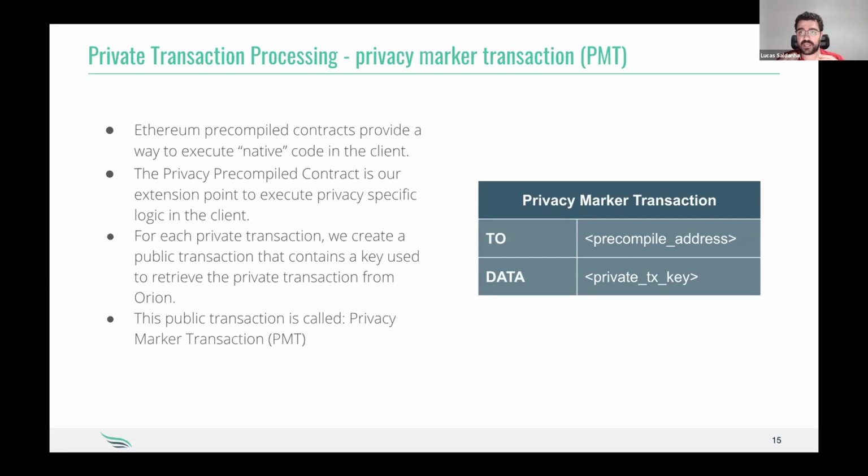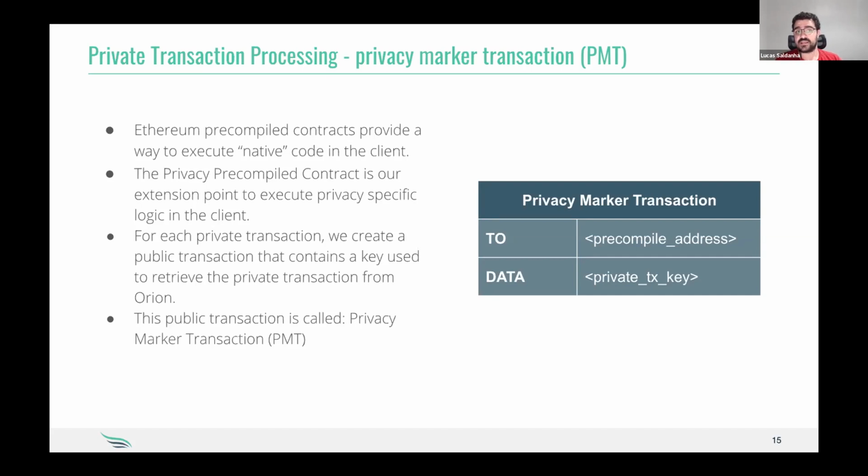So what is the PMT? The PMT is nothing more than a regular public Ethereum transaction. It doesn't have anything special, but it has two interesting pieces of information that are helpful for processing a private transaction. The first one is the to field.